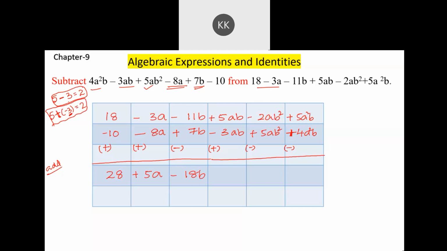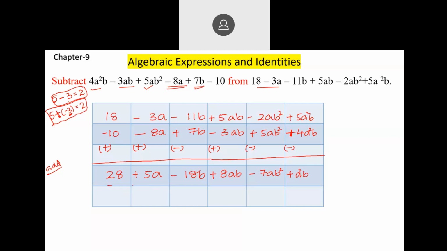Positive 5, positive 3. When they are added up, 8ab. Now both are negative. The result will be minus 7ab square. Now 5a square b minus 4a square b. Only one will be left out. So positive, not minus, plus a square b. This is the answer.